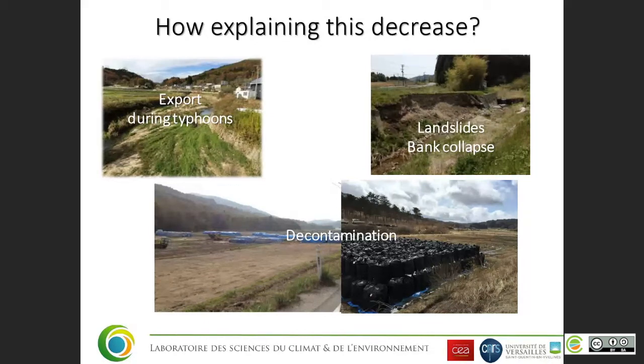A third reason is what I introduced in the example from Laos: if you have these mountainous conditions with very heavy rainfall and a channel bank collapse like on this picture, or landslide, you will produce a lot of material that has not been exposed to the initial atmospheric fallout. And so this material that comes from subsoil layers will dilute somehow the signal borne by the surface layers.